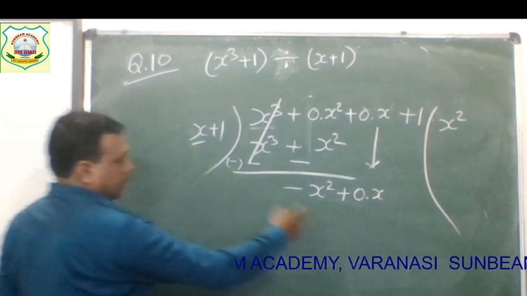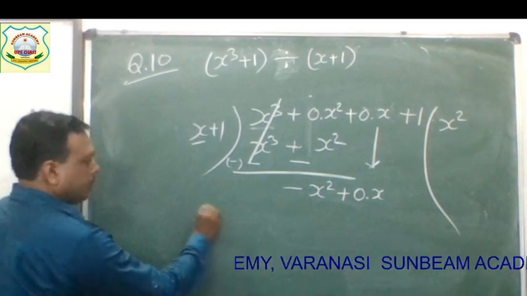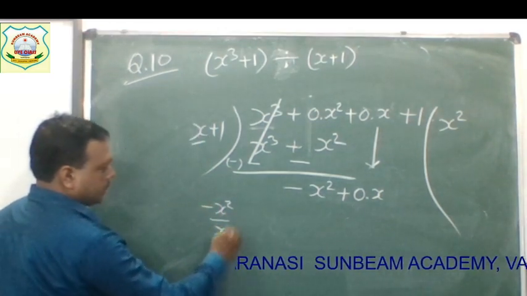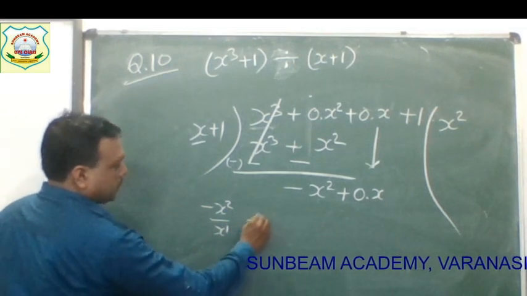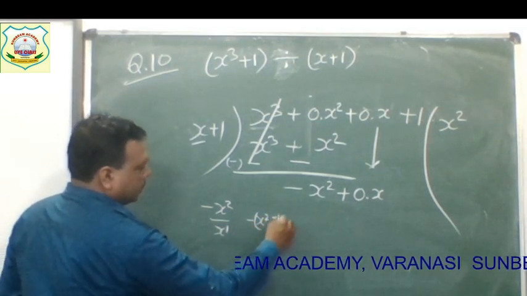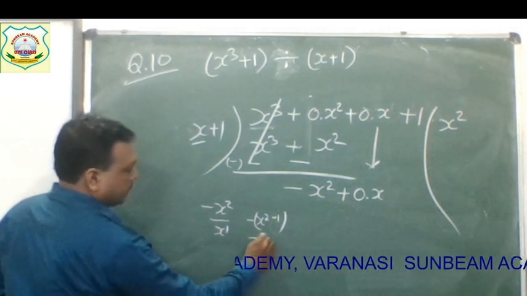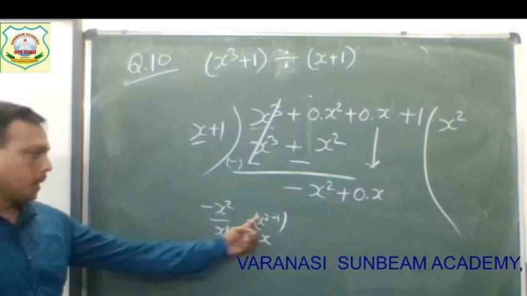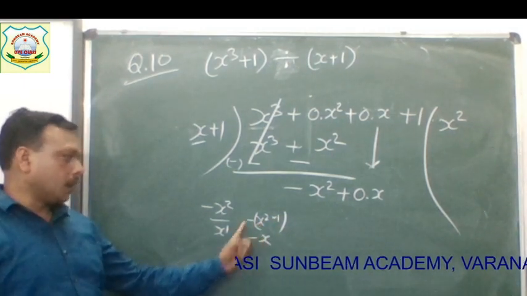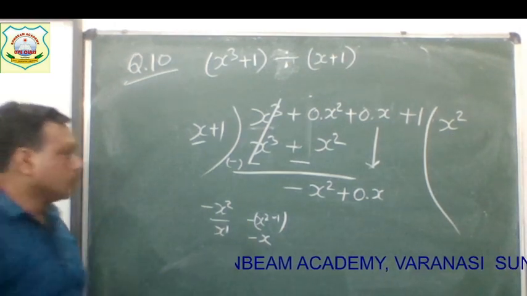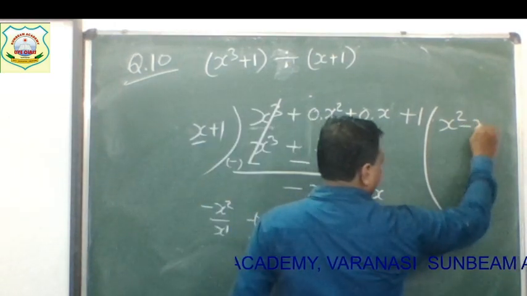Now x and minus x square, what should come? Minus x square upon x, so 2 minus 1, that is x power 1, and minus is here. Minus x. So what will we write here? Minus x.